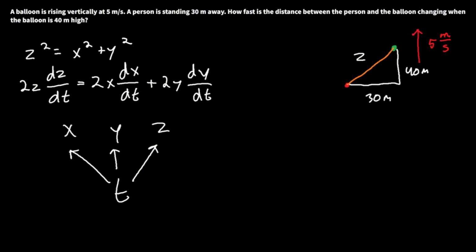Since they're all dependent on time, x, y, and z are dependent variables. And whenever you find the derivative of a dependent variable, you have to multiply it by its derivative. So we took the derivative of z squared, which is 2z, right? And since z is a dependent variable, we multiply it by dz over dt, which is the derivative of z with respect to its independent variable.